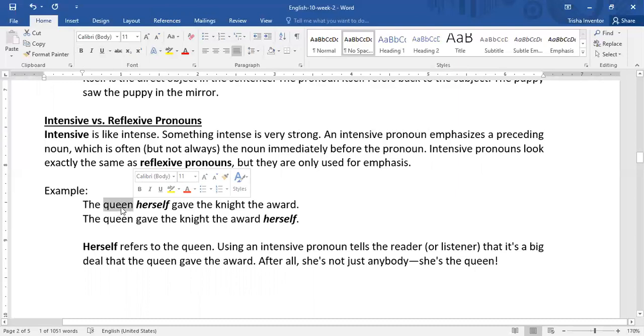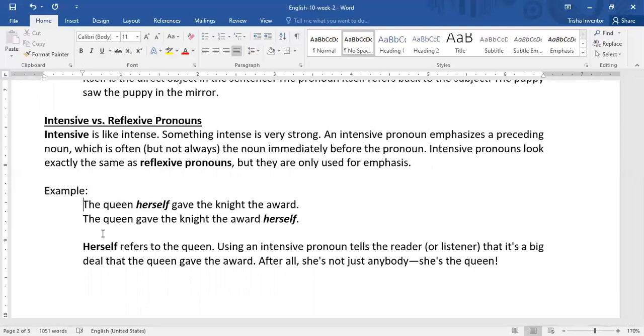Queen is the noun, the preceding noun that is emphasized by the intensive pronoun herself. Okay. So if we are going to translate this sentence in Bisaya, the queen herself gave the knight the award.